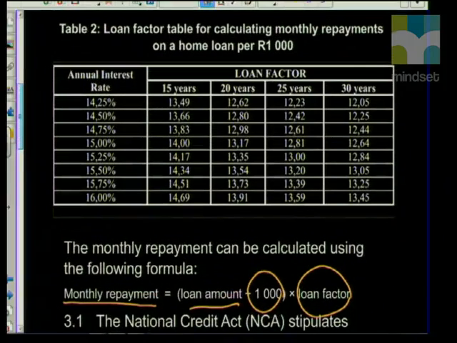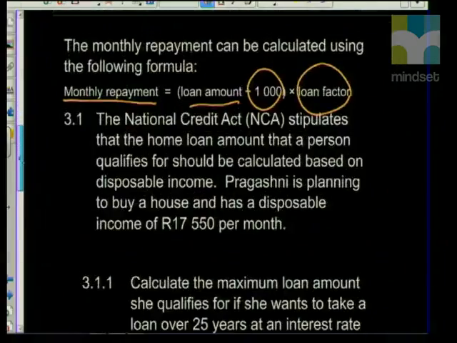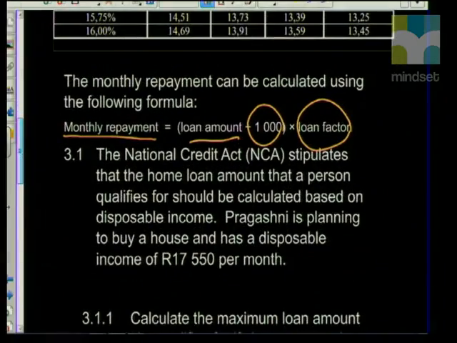If you wanted to pay something off in 15 years and the interest rate was 15%, then the factor that you're going to have to use is 14. So when you plug that in, you take your loan amount, whatever that is, divide that by 1,000, multiply by 14, and you will get your monthly repayments.